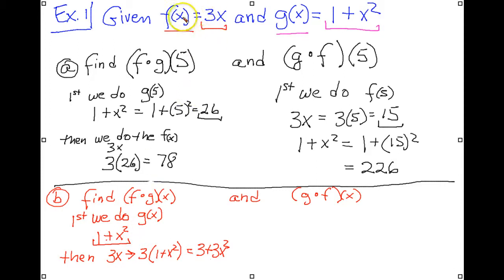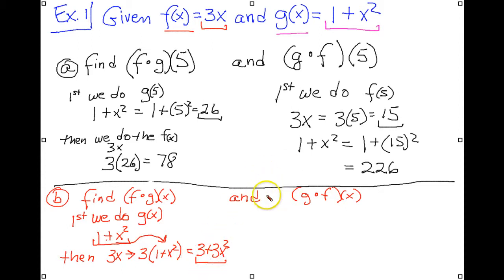We then go to our f function, and our f function is 3x. Well, this is our x. 3x, this is our x. So we substitute there and then just distribute, and we get this. So when we are finding the composite of this, given this, in this B first part, we get this.